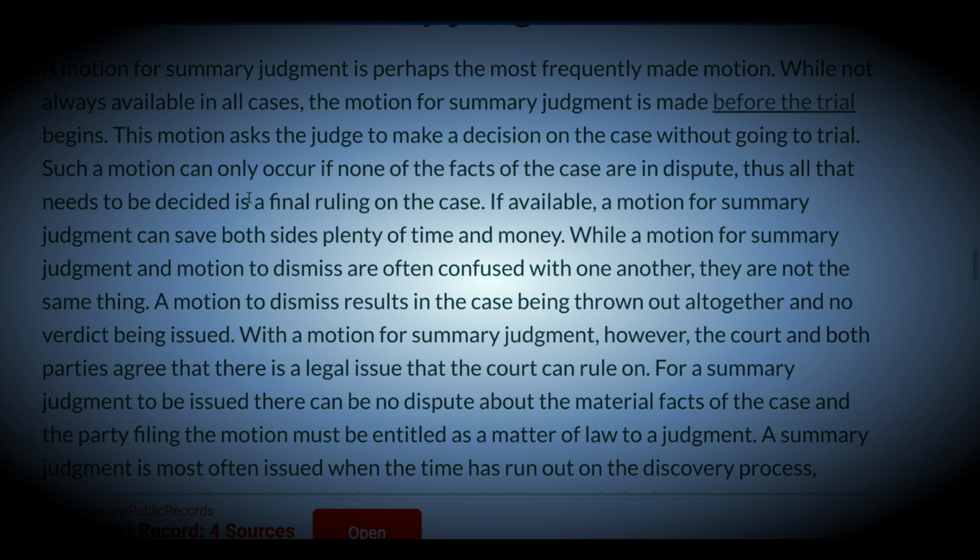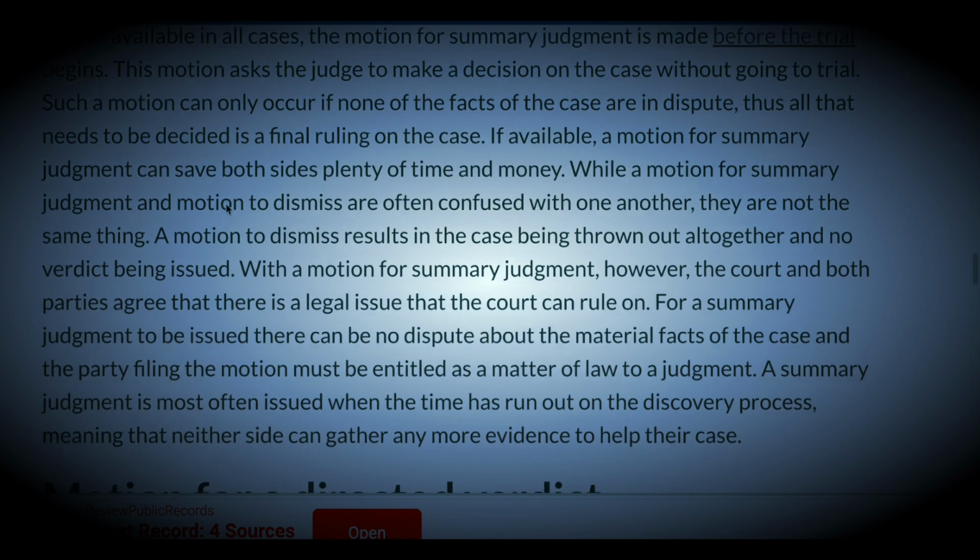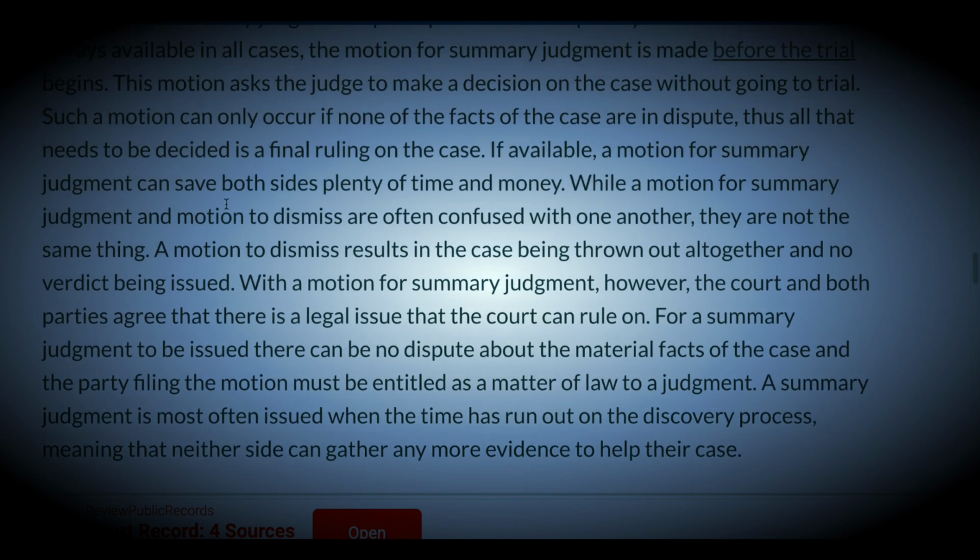With a motion for summary judgment, however, the court and both parties agree that there is a legal issue that the court can rule on. For a summary judgment to be issued, there can be no dispute about the material facts of the case, and the party filing the motion must be entitled, as a matter of law, to a judgment.